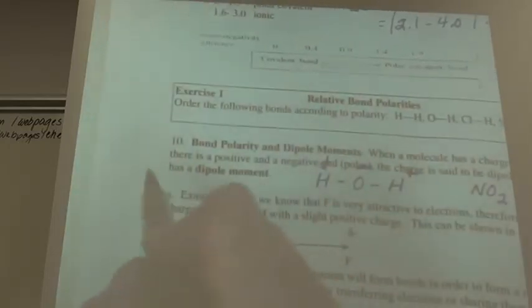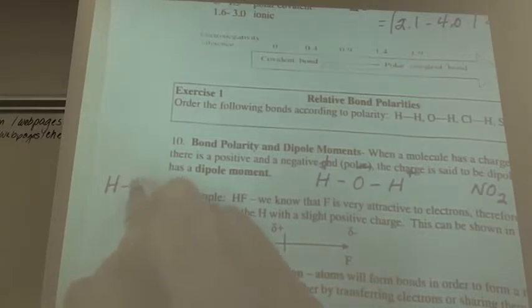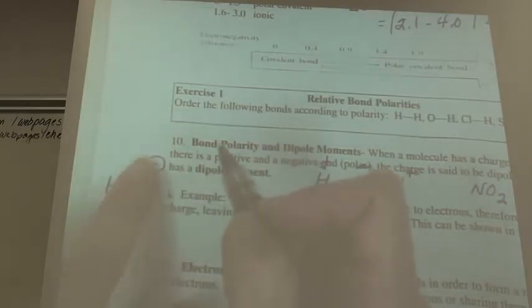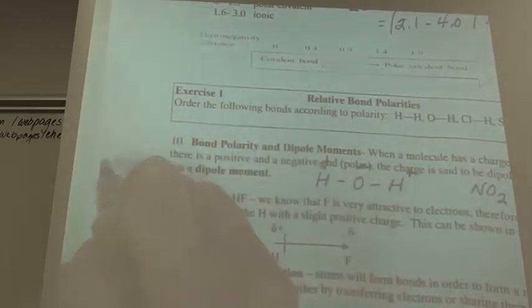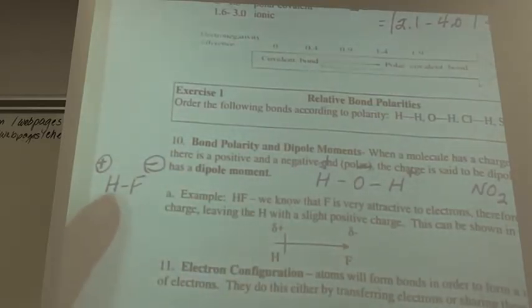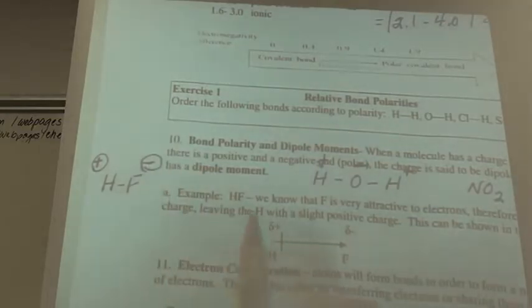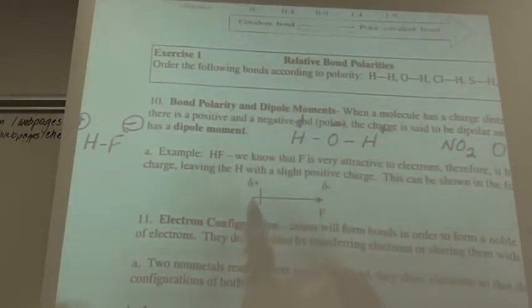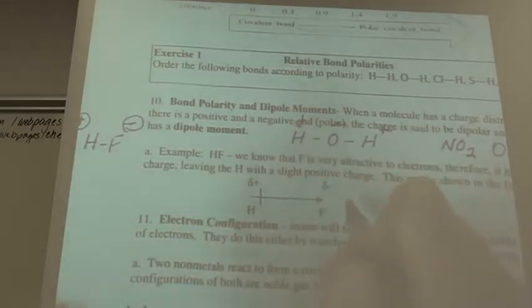We know that when H and F are bonded together, there is a bigger tug on the electrons from the fluorine, so it gives a negative charge to that side of the molecule, leaving a positive side to this side of the molecule. That is called a dipole moment. The way you write a dipole moment is you draw a line and the arrow faces the negative end.